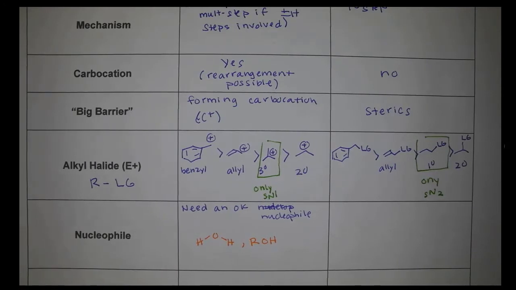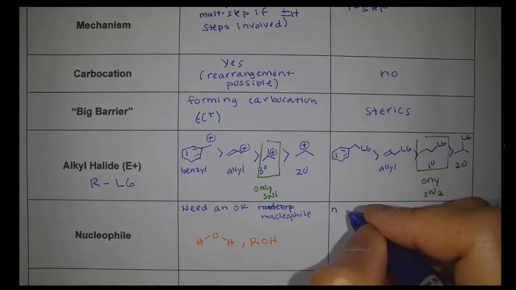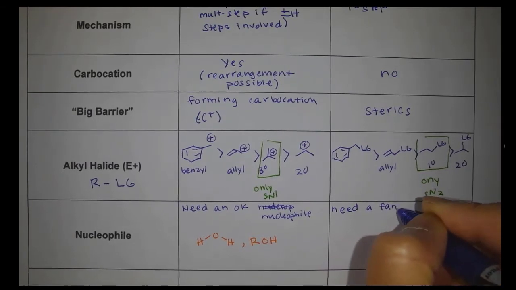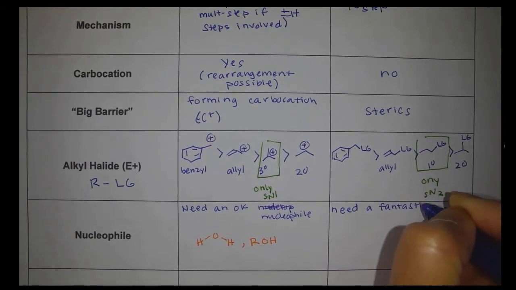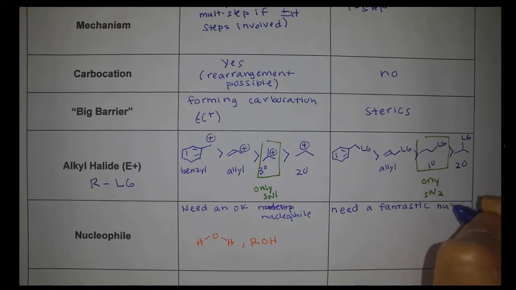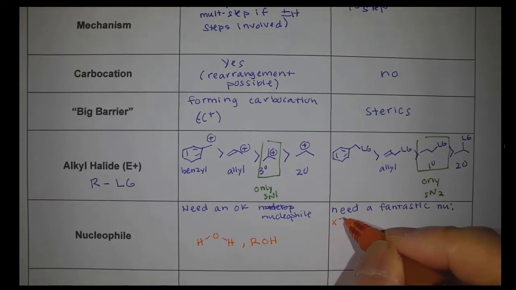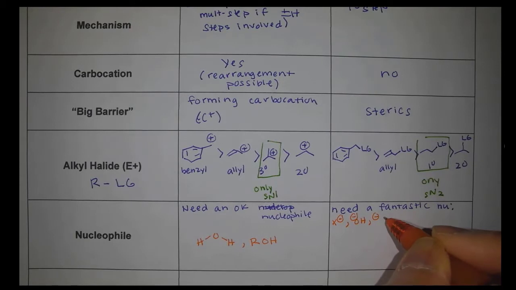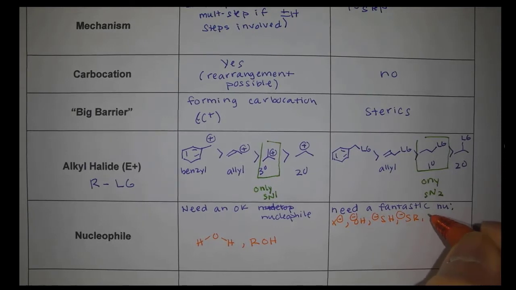For an SN2 reaction, we need to have a fantastic nucleophile. Sometimes I think of nucleophiles kind of like pizza. If you are super, super hungry, just about any pizza will do.